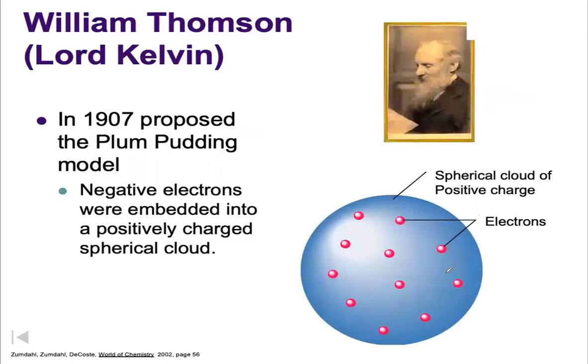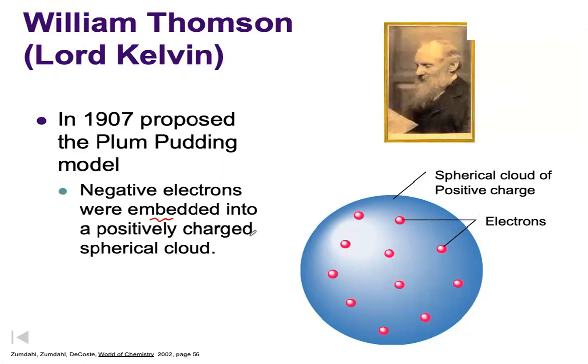Later, in 1907, Thomson proposed a model known as the plum pudding model, or you can also call it the watermelon model. What he proposed is that the negative electrons were embedded all across the atom structure.